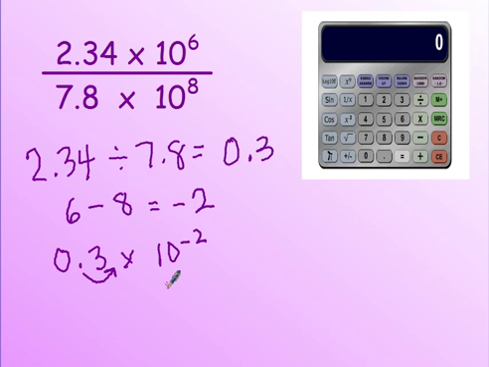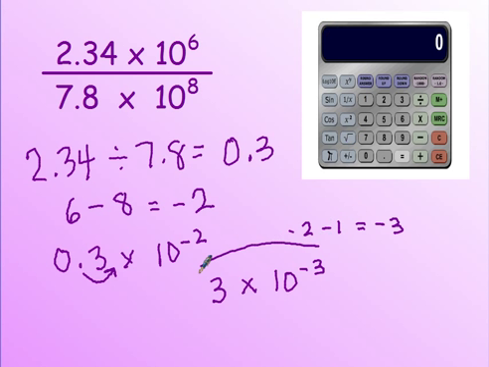When I move my decimal to the right, I subtract from my exponent. -2 minus 1 for the one place I'm moving to the right gives me -3. So my final answer will be 3, or 3.0, times 10 to the -3rd power. This is my final answer.